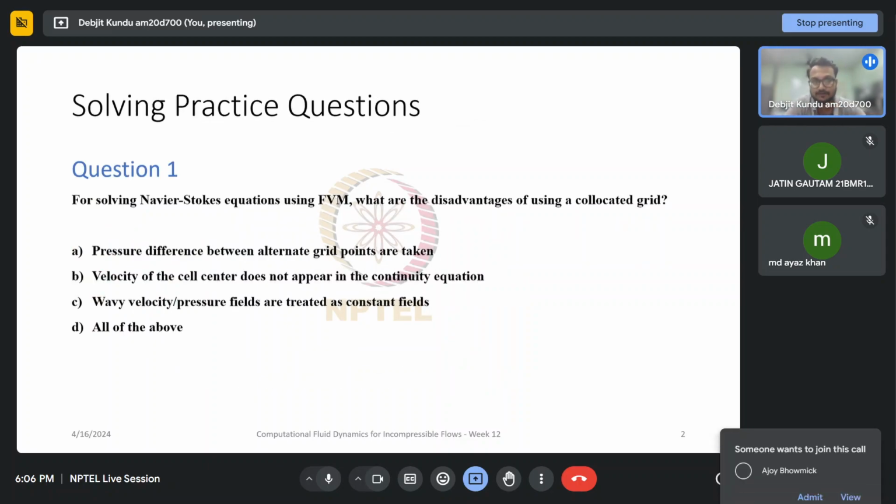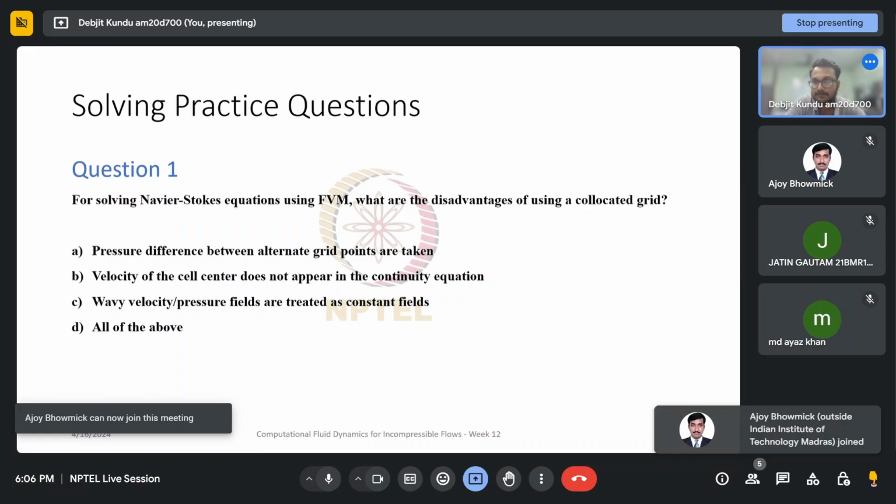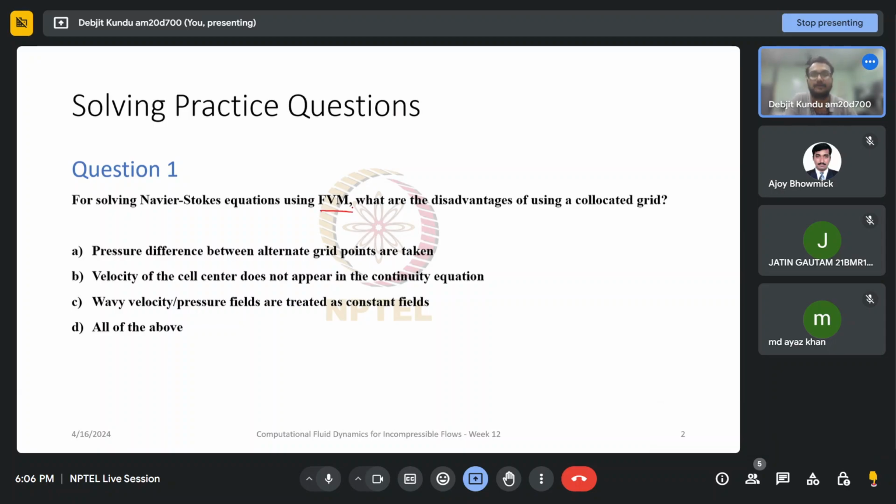So this is the first question of today's session, which is asking us that for solving the Navier-Stokes equations using finite volume method, abbreviated as FVM, what are the disadvantages of using a collocated grid? We have been looking at collocated grids and staggered grids for quite a while now. In reference to solving Navier-Stokes using finite volume method, what are the specific disadvantages of it?